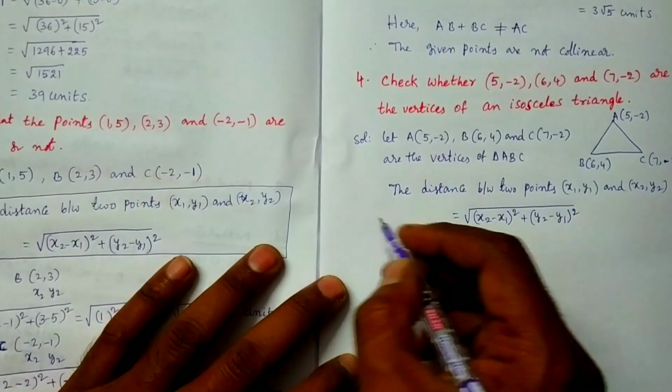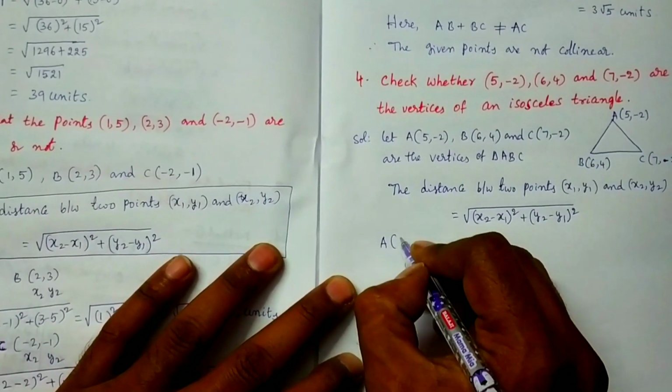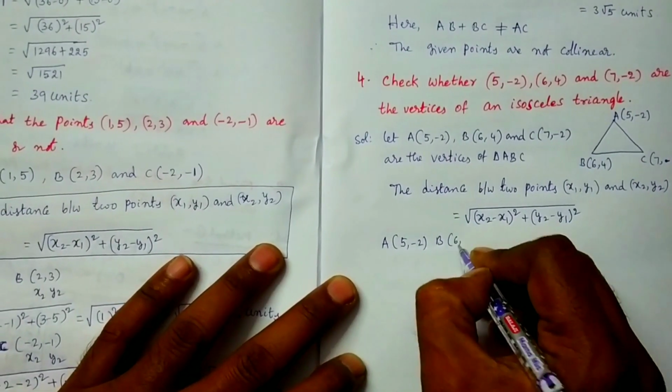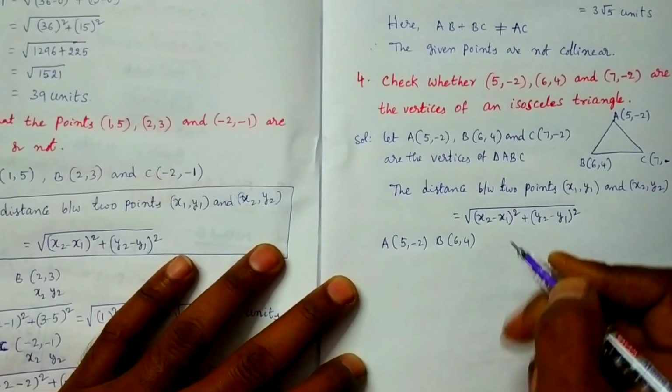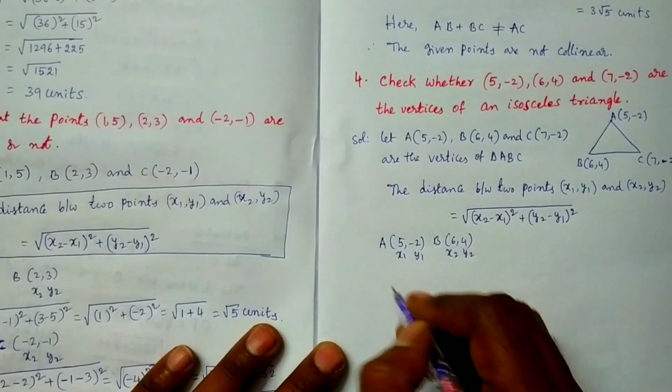This is the formula. So now take AB, point 5 comma minus 2, B point 6 comma 4. Take this point as x1, y1, this point as x2, y2.